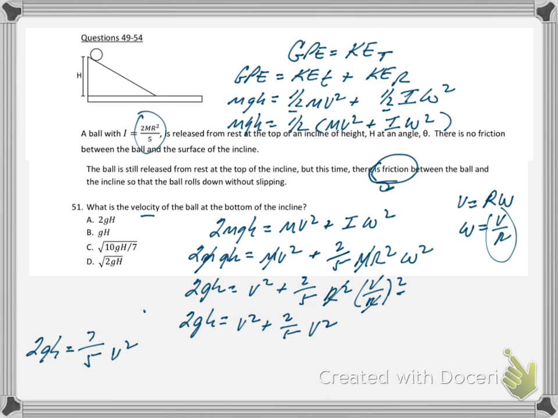So to get v by itself, we multiply both sides by 5/7 and take the square root. So we have v equals square root of 5/7 times 2gh, which equals square root of 10gh over 7.